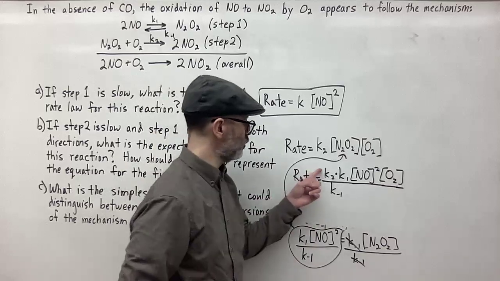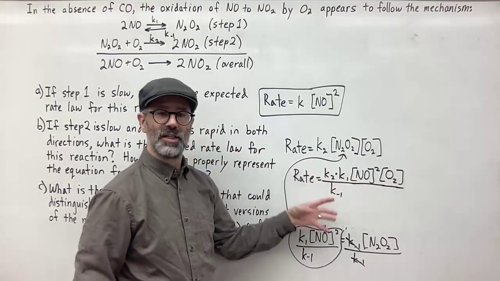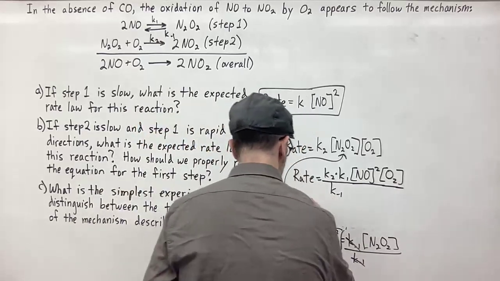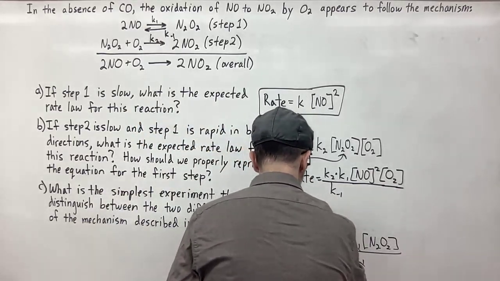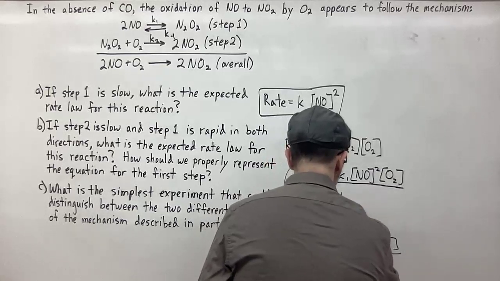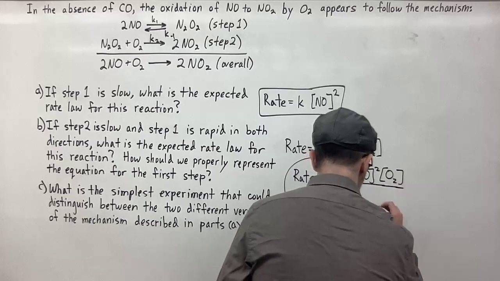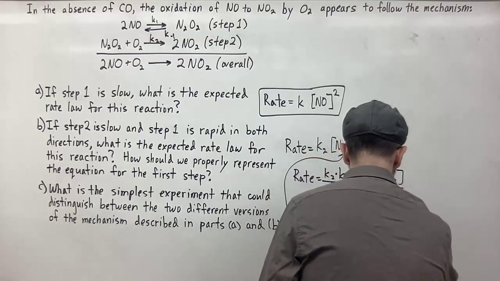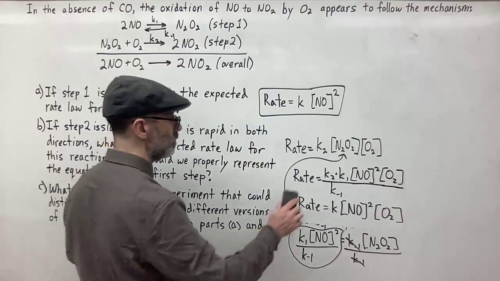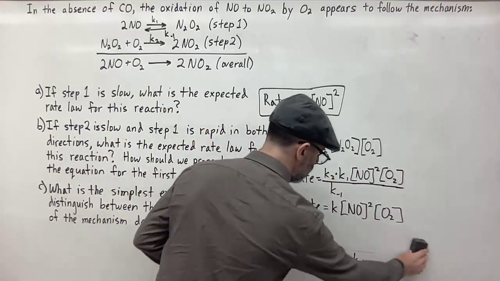Since we have K2 and K1 and K negative 1 here, we can just collapse that all together into K. So the final rate law will be rate is equal to K times the concentration of NO squared times the concentration of O2. Let's go ahead and erase this. We don't need this anymore.